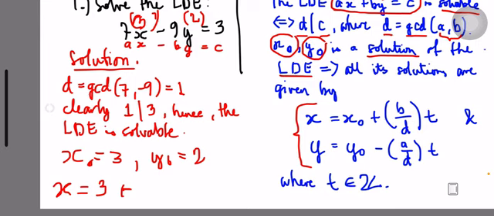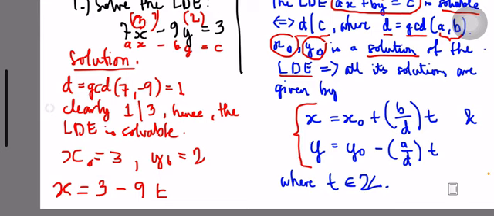Our b is clearly minus 9 over d, and d is 1. So instead of plus, we're going to write minus 9 here, multiplied by t. So we have all our x's in the form of 3 minus 9t.